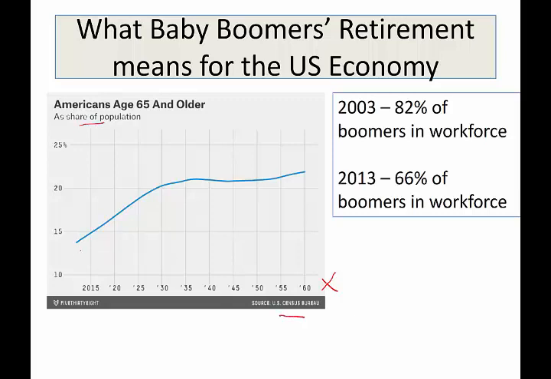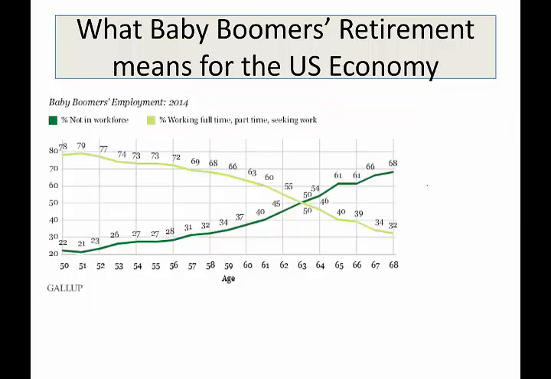You'll notice that the percent of people over 65 is expected to go up, and those people are expected to become a greater proportion of our population. In 2003, 82% of baby boomers were in the workforce, but by 2013, that had dropped to 66%.